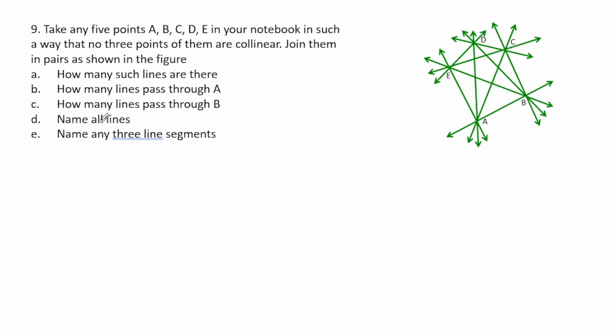Now how many such lines are there? So what we have to do is we have to count the lines. So when we count the lines, we will get 10. So there are total of 10 lines in this figure.